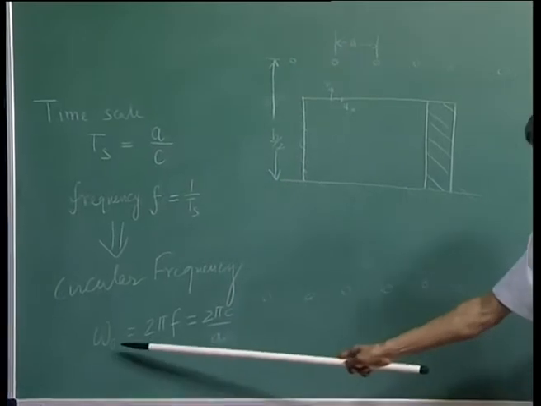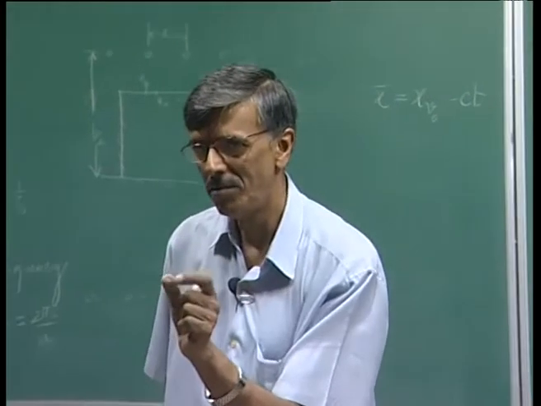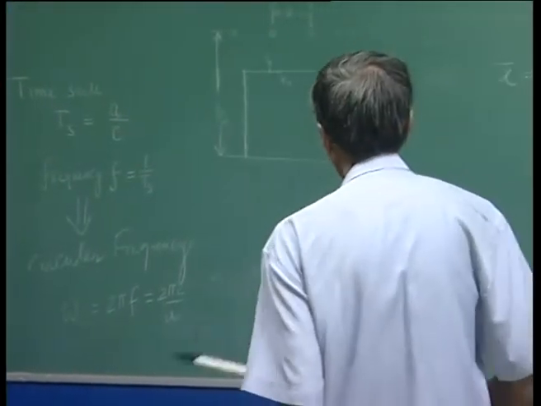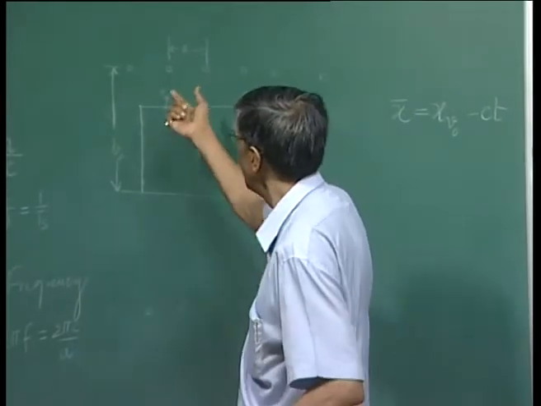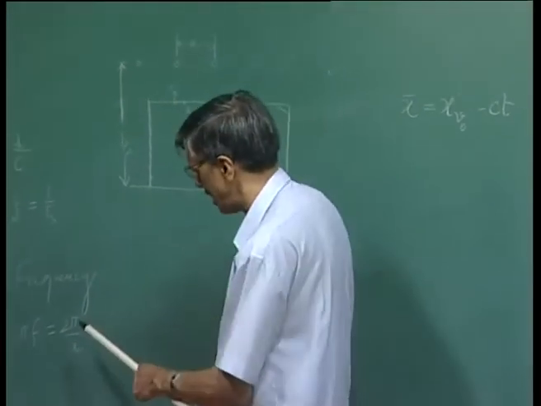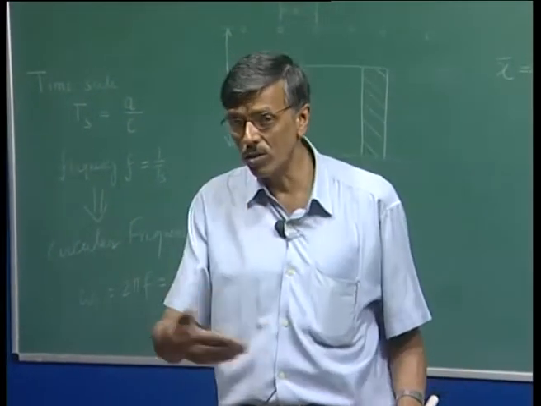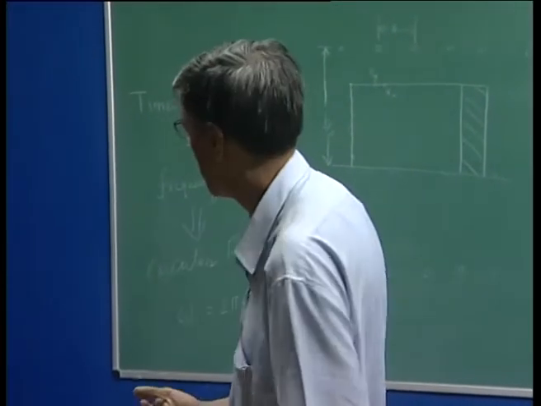You notice that I purposely put an omega naught because this is the fundamental unit, right? So if I have an infinite sequence of vortices like this, the lowest frequency is created by 2 pi c by a. Then of course you are going to get the superharmonics of it, right?